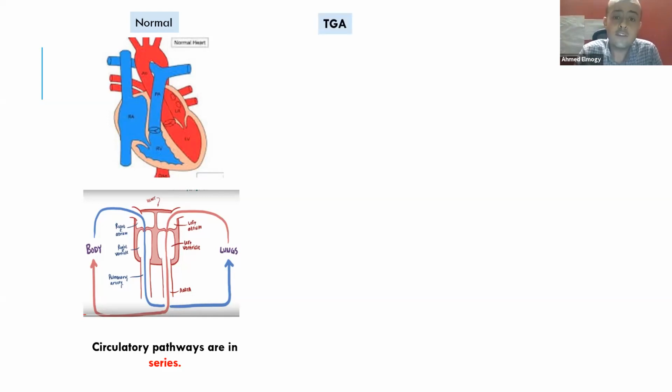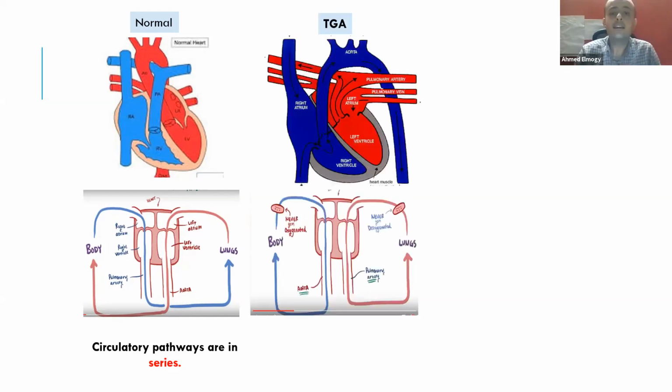However, in transposition of the great arteries, as we have only discordance at the level of the ventriculo-arterial side, we do see that the systemic blood goes to the right side and then back to the aorta, to the systemic circulation. And on the left side, the pulmonary blood comes to the left ventricle, going back into the pulmonary artery. And these circulatory pathways are in parallel.